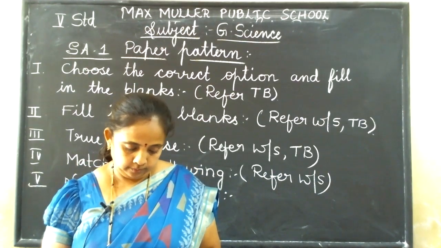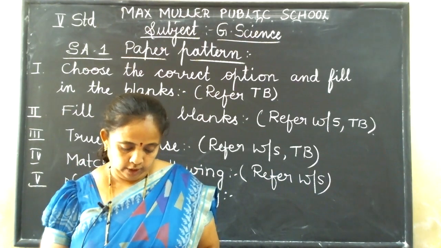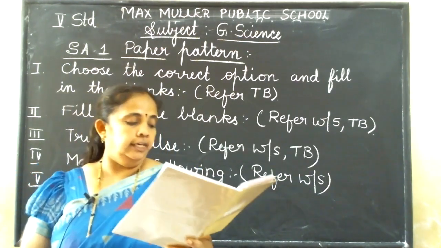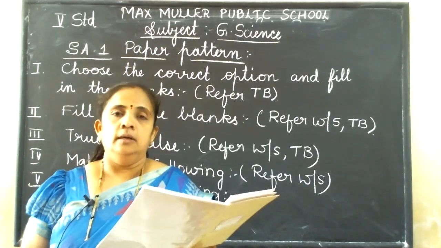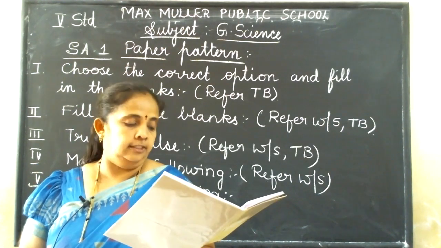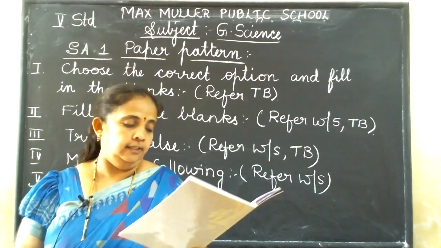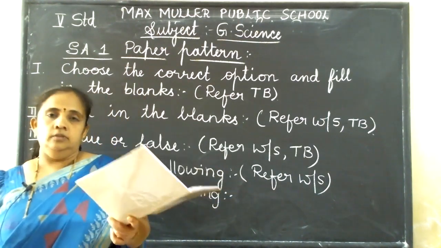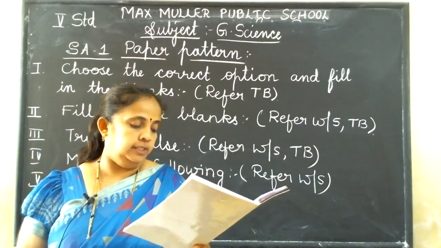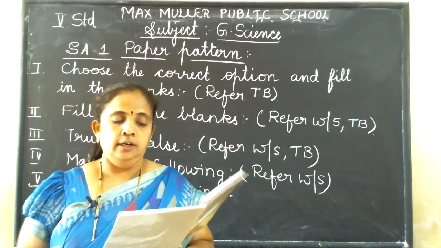Then in your September worksheet you have name the following. Last one: part of the brain which connects it to the spinal cord, medulla. Pores on the skin excrete this: sweat. Part of the ear that carries sound waves present in the air: outer ear.